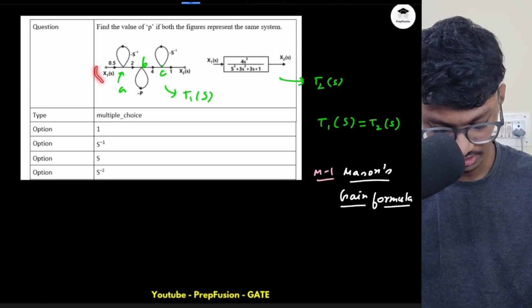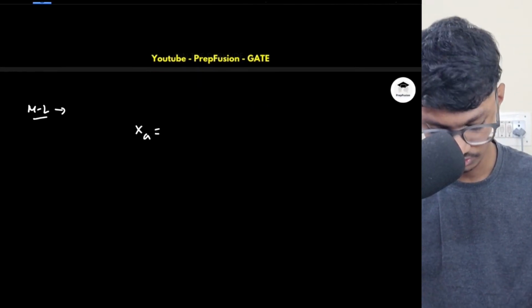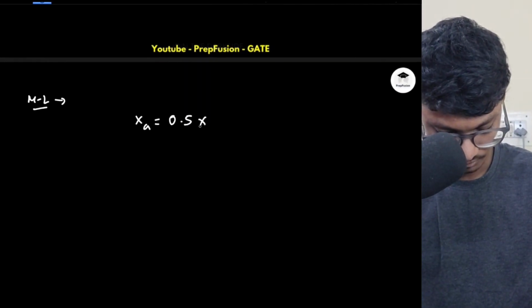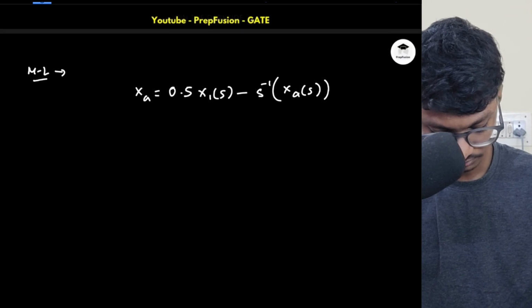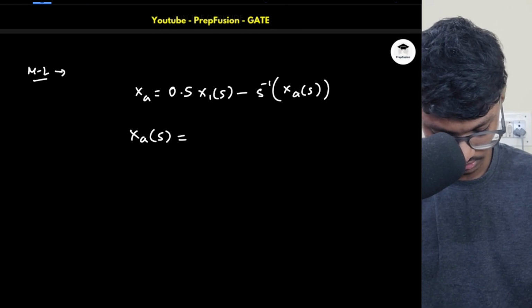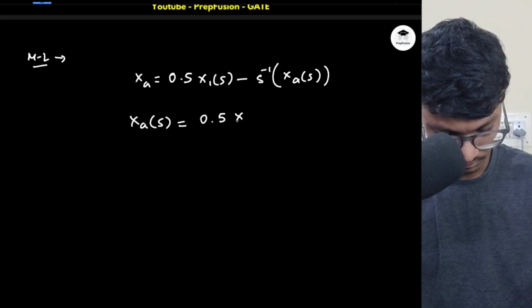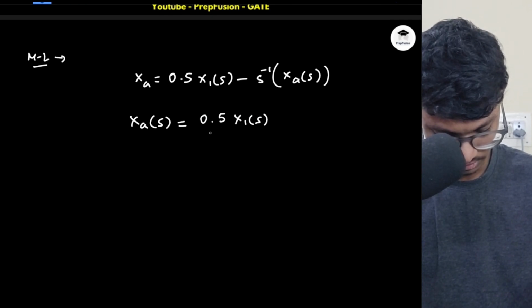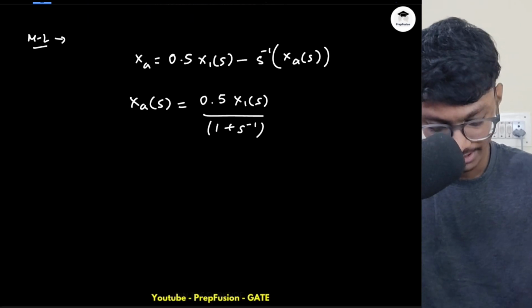The incoming things are 0.5 into X1(s), and minus s inverse into XA itself, a self-loop. So XA(s) equals 0.5 into X1(s) divided by 1 plus s inverse. This is my XA.